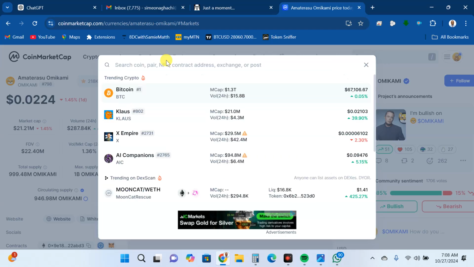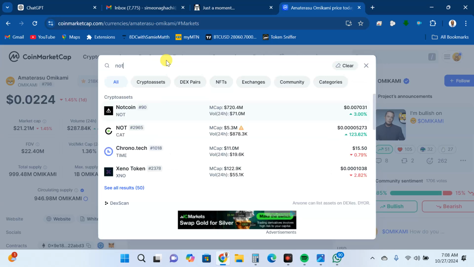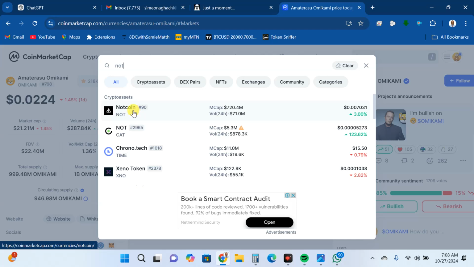Okay, so let's say you want to buy Notcoin. Right, so you click Not.